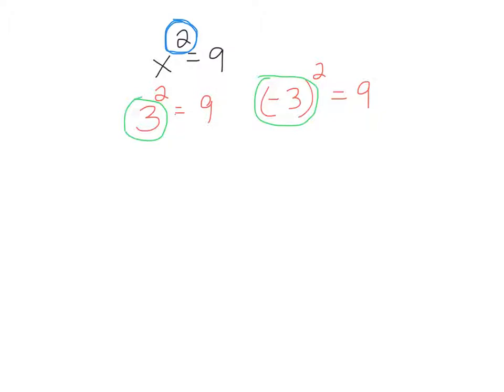There is a name given to this type of equation. This type of equation is called a nonlinear equation, and the reason it is a nonlinear equation is because I have the variable raised to a different power other than 1. In this case, it's raised to the second power.